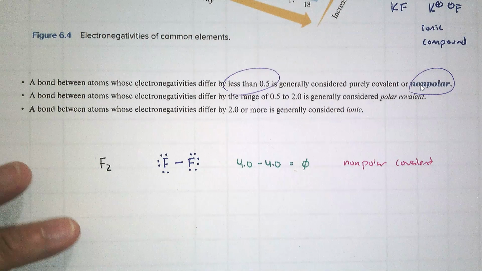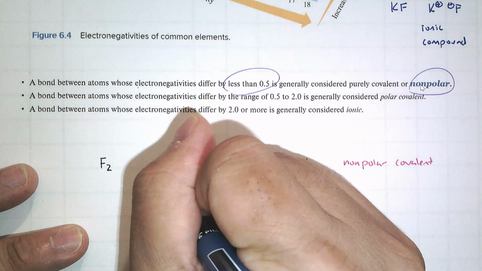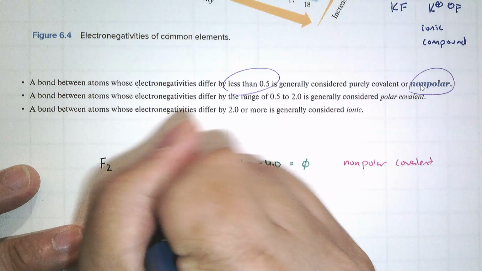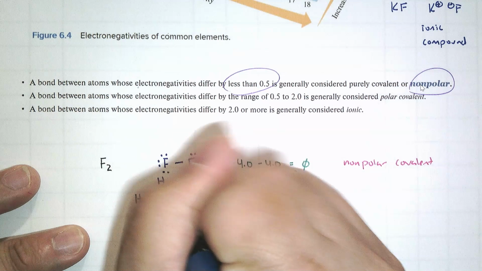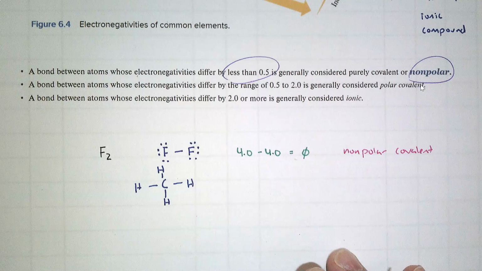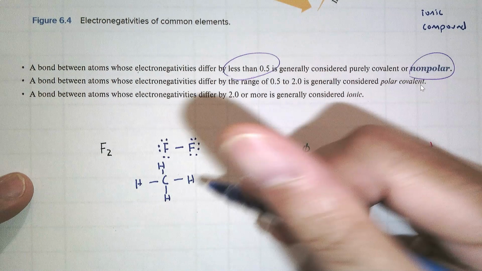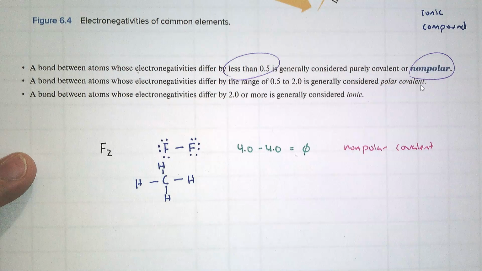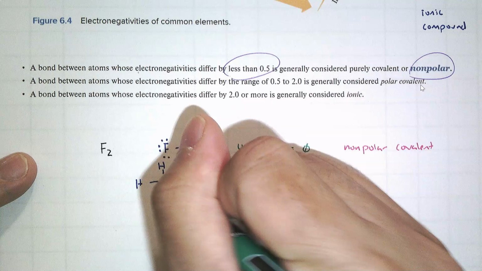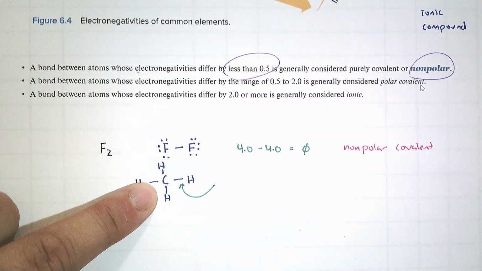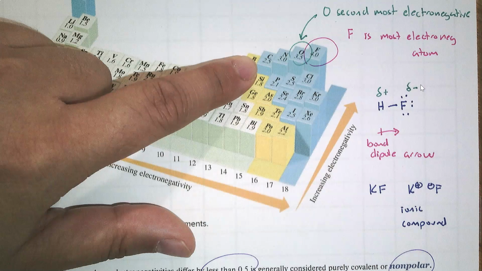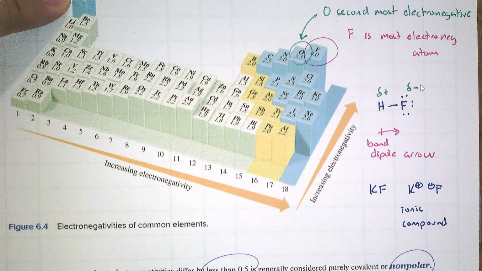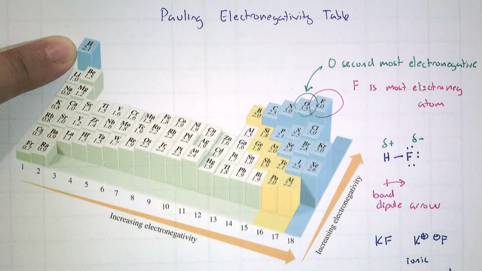How about a bond between carbon and hydrogen? Just so we're consistent, we have a molecule, CH4. You could call this carbon tetrahydride from our nomenclature rules. If we take a look at this bond right here, carbon has an electronegativity of 2.5 minus hydrogen, which is 2.1.